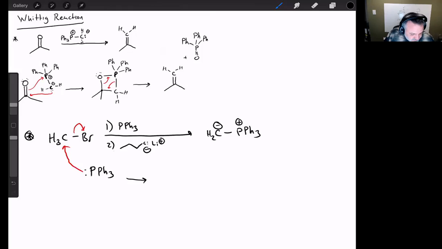So at the end of this step, I get this, and this is where the butyl lithium comes in.